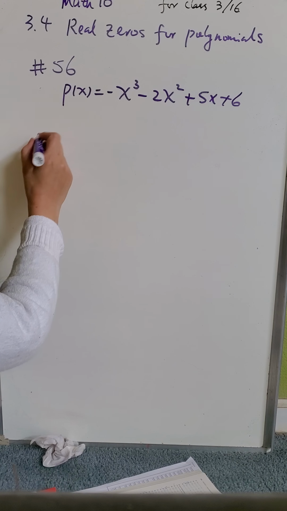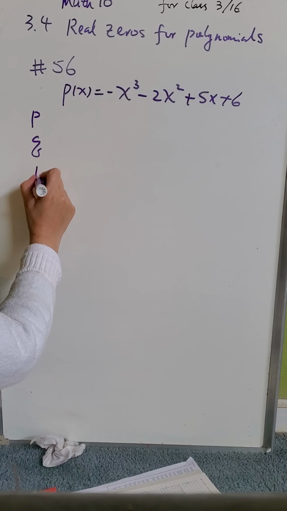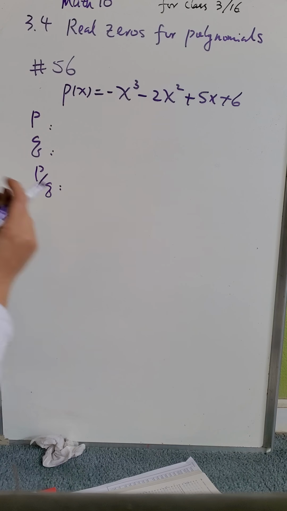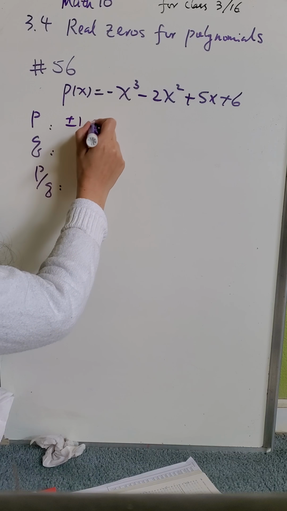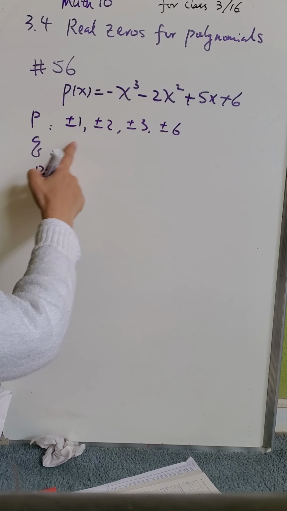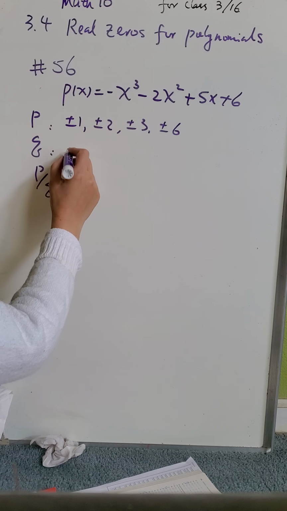So we're going to do our p, q, and p over q first. Our p is any number that divides 6, so these are all the numbers that can divide 6. And the q is all numbers that divide negative 1.